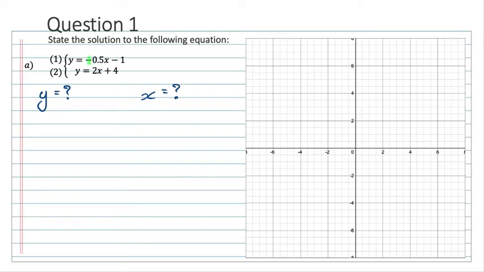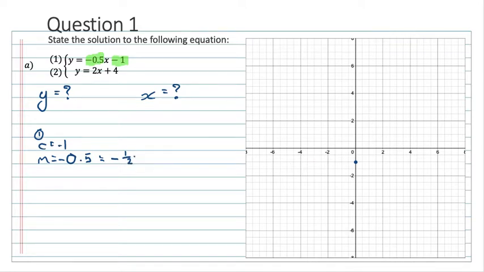Looking at these equations, I'm going to graph them. In the first one, we've got an m of negative 0.5 and a c of negative 1. To graph it, negative 1 is roughly here. So the y-intercept is negative 1, and m equals negative 0.5, which we could rewrite as negative 1 over 2.